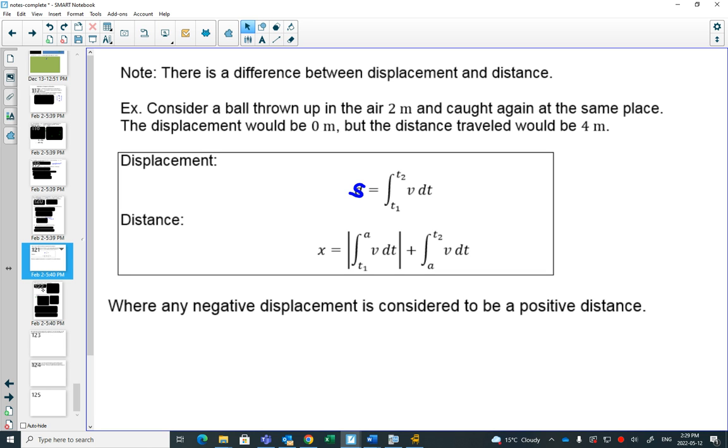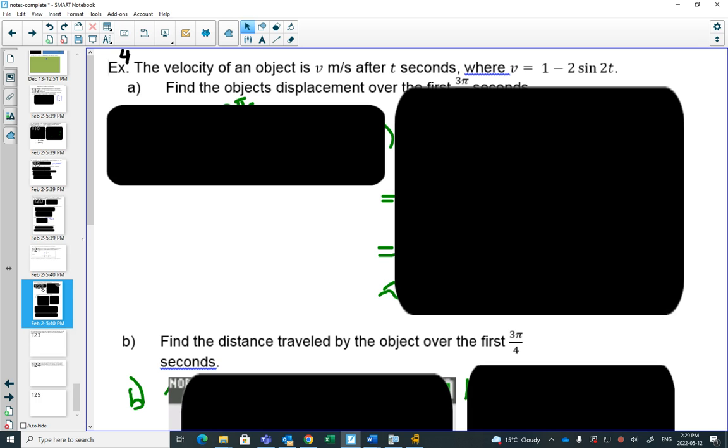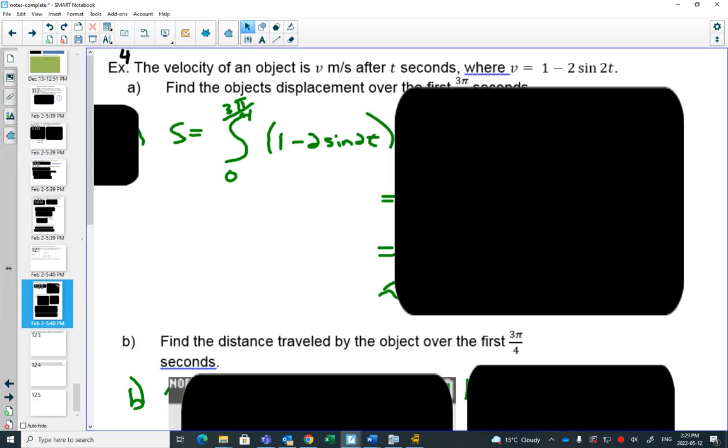All right, so here we've got velocity, and we've got an equation with the sine. Find the object's displacement over the first 3 pi over 4 seconds. So we're wanting to find the integral from 0 to 3 pi over 4.